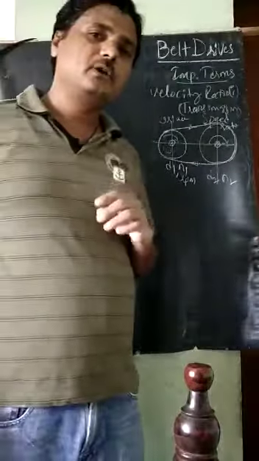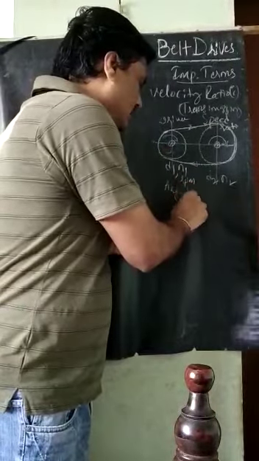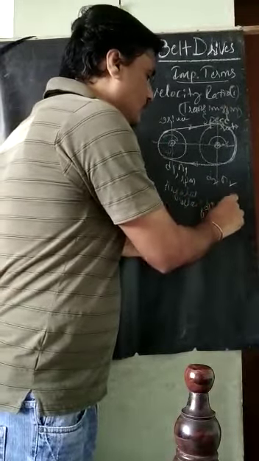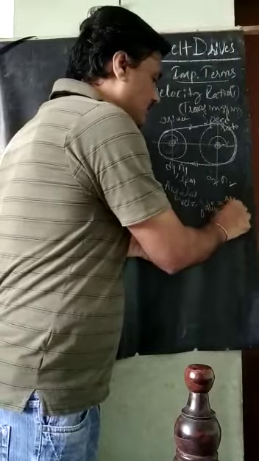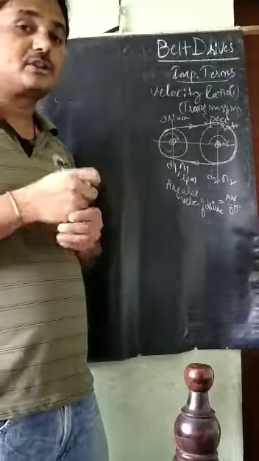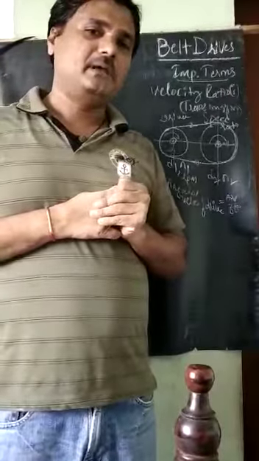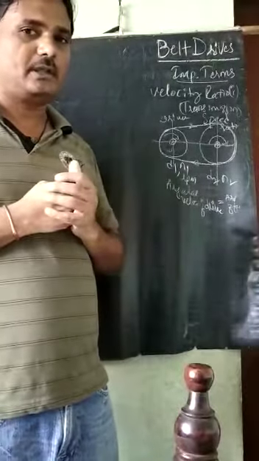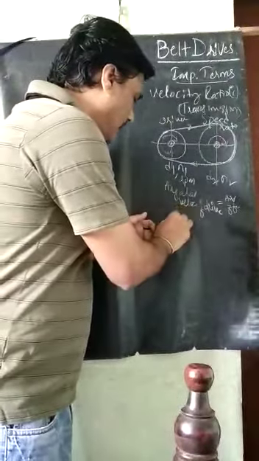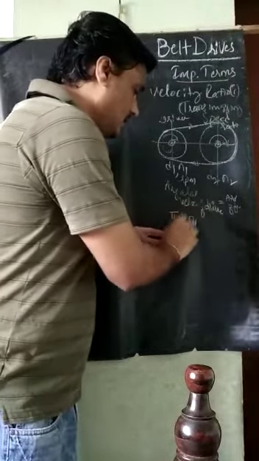Next, what is the formula for the angular velocity? The velocity of the driver is equal to the velocity of the follower. The formula with respect to the diameter is pi d n by 60.